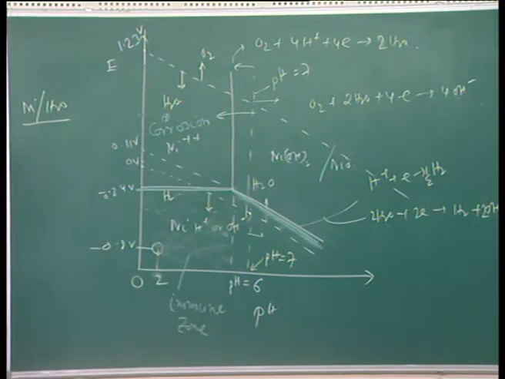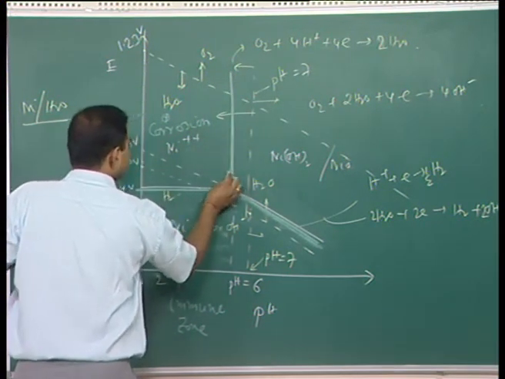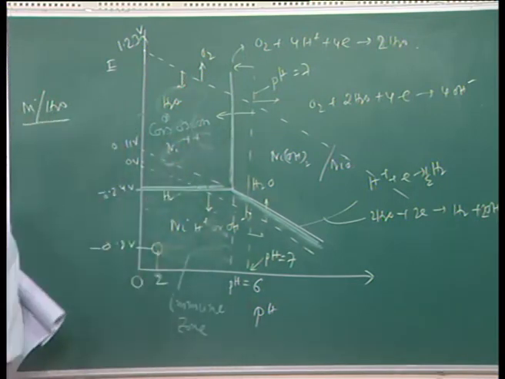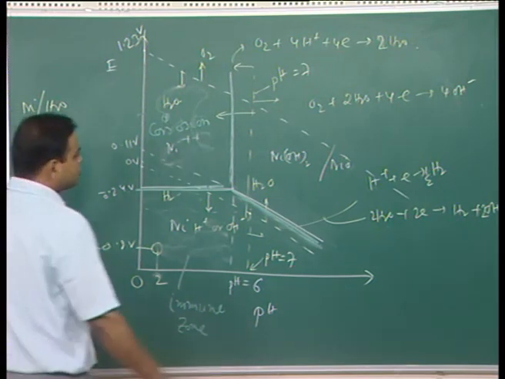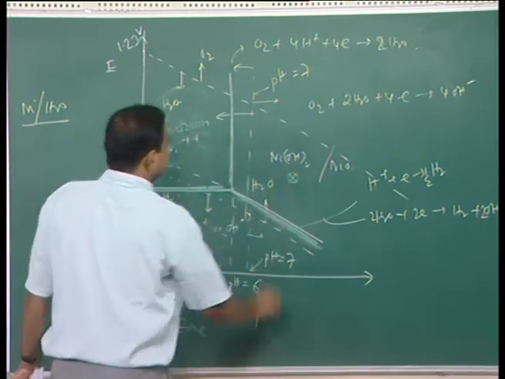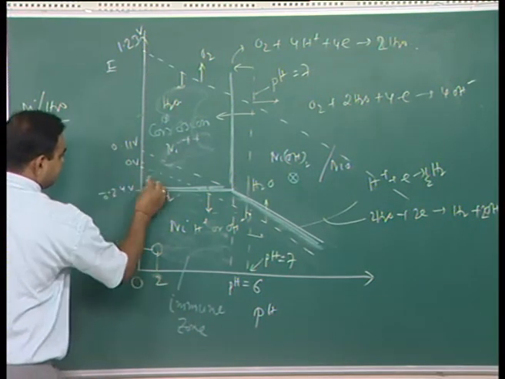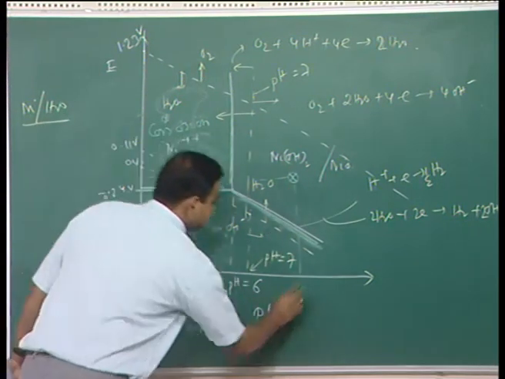Corrosion zone. Now, the interesting part, now this zone would be this. So, this is my corrosion zone. Now, if I go to this place, with the potential of this value and with the pH of this value, let us say pH is 9.